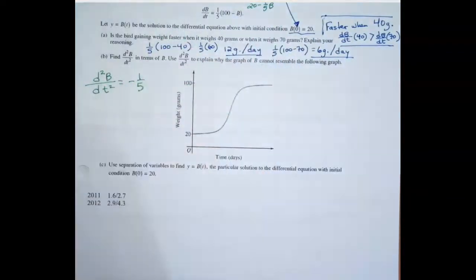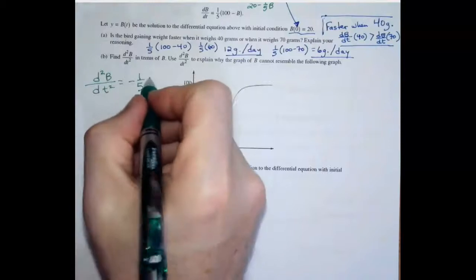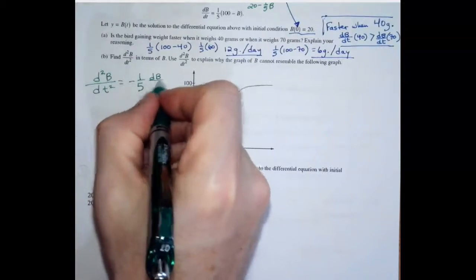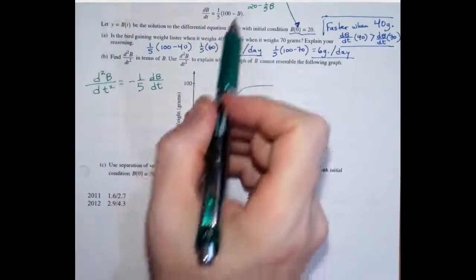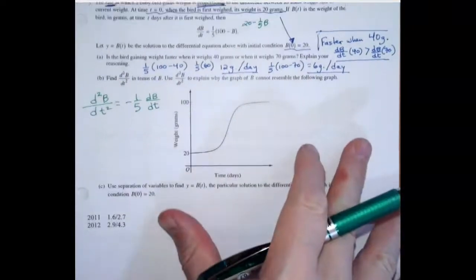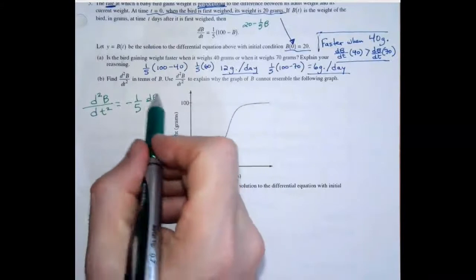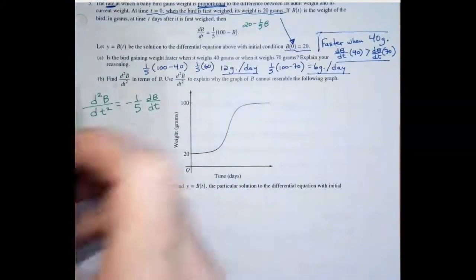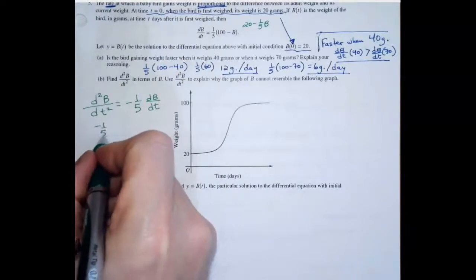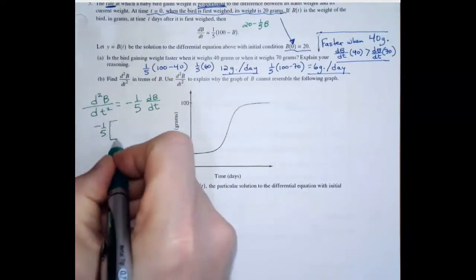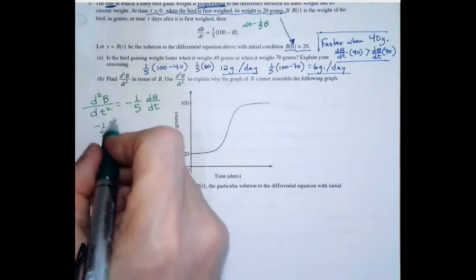And then the thing that most people missed on that was you need to put dB dt, the derivative with respect to b. Okay? So that's where we ran into a little bit of trouble. So we have negative 1/5 and then dB dt.